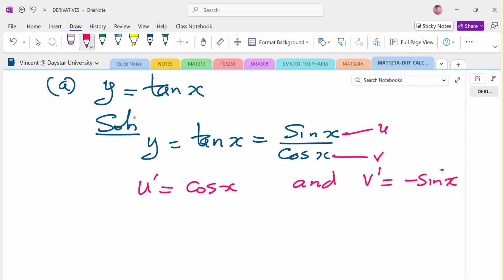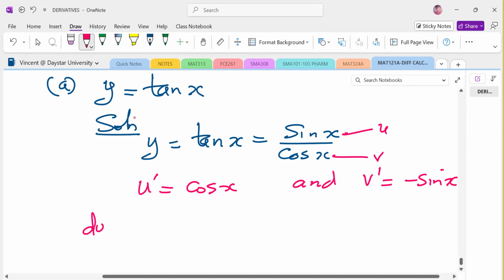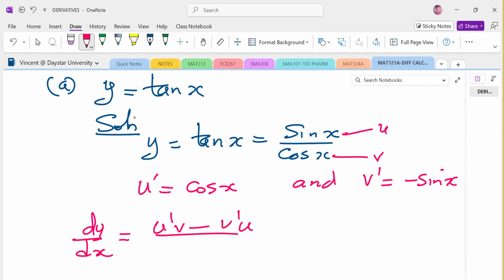So remember, when you differentiate a cos function, you get a negative sine function. That's what you saw from the last class. So by quotient rule, dy dx is u prime v minus v prime u over v squared.